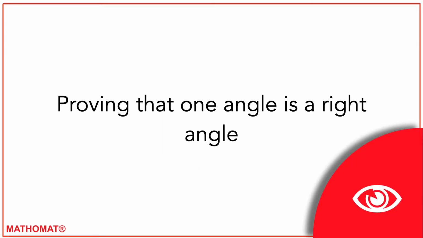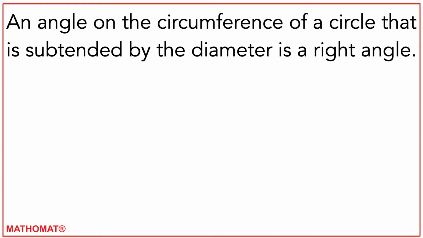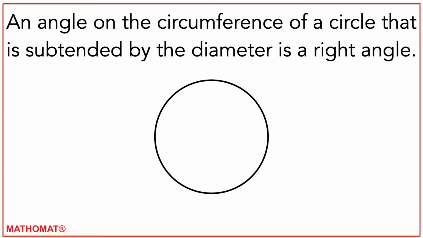How are we going to prove one angle to be a right angle? We will be using a different part of geometry. An angle on the circumference of a circle that is subtended by the diameter is a right angle. Let's draw a diameter.